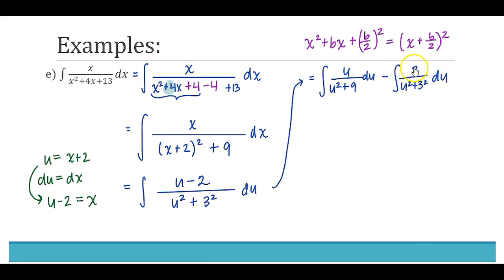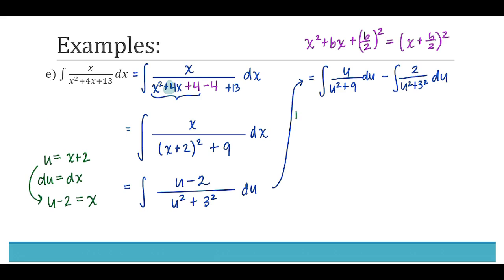It has just a constant on the top. But over here, since I have a variable on the top, this one's going to be a u-substitution, or I'm definitely going to have to use a different variable because I've already done a u-substitution, but it's going to be a substitution here. So I'm going to go ahead and let k equal the denominator.